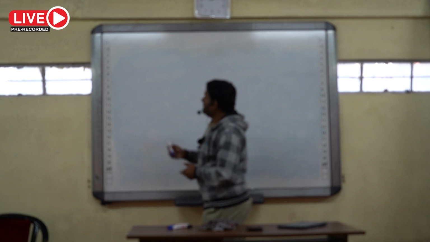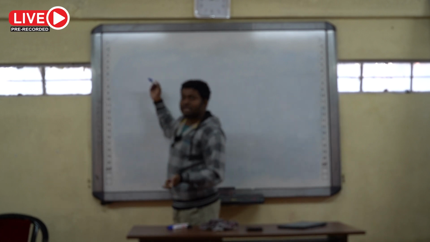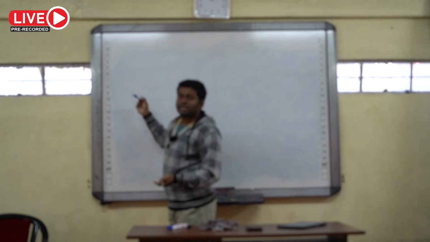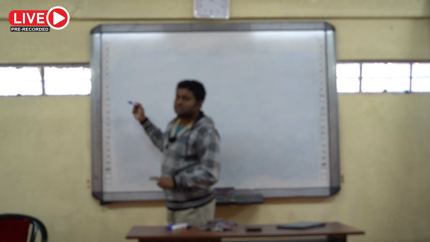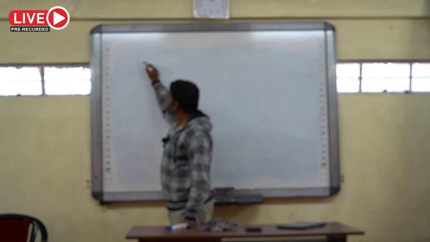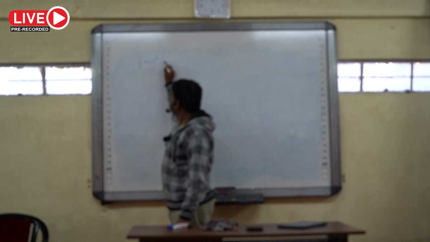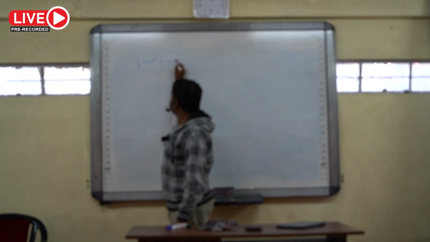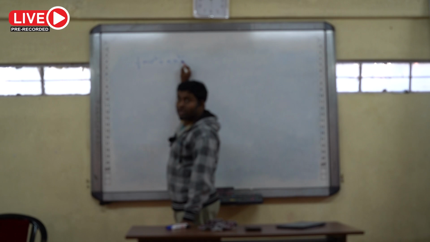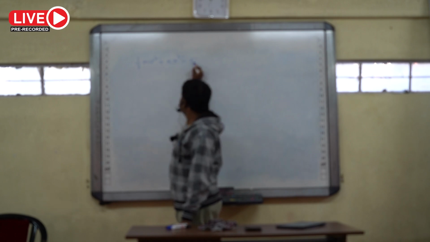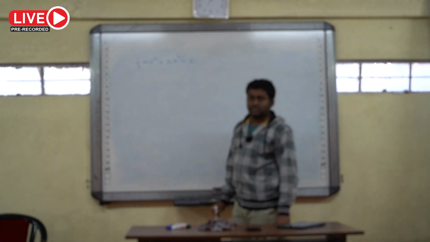See, it is given that total mechanical energy is constant. Total mechanical energy means kinetic plus potential. So I can write half mv square plus potential energy is mentioned in the problem kx square, not half kx square. Then it is equal to total energy, which is a constant.